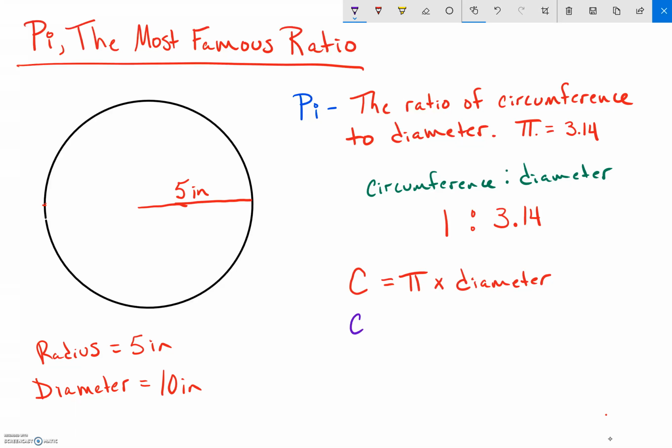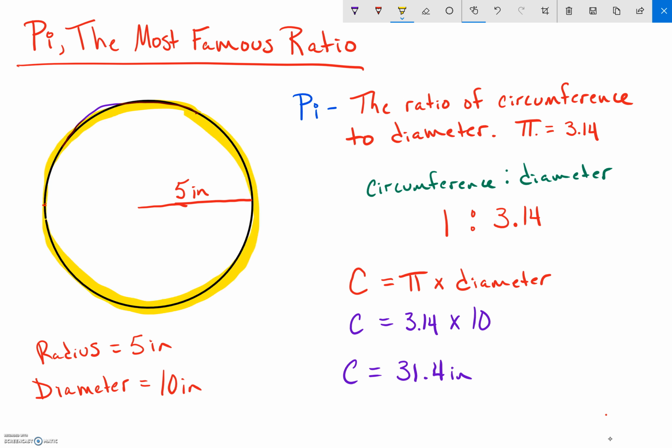So the circumference, the distance around a circle, is pi, 3.14, times the diameter. The diameter of the circle is 10. So therefore the circumference, and you can use your calculator, would be 31.4 inches. We don't have to get out a tape measure. We don't have to measure around. We have a mathematical formula that tells us the distance around here is 31.4 inches.